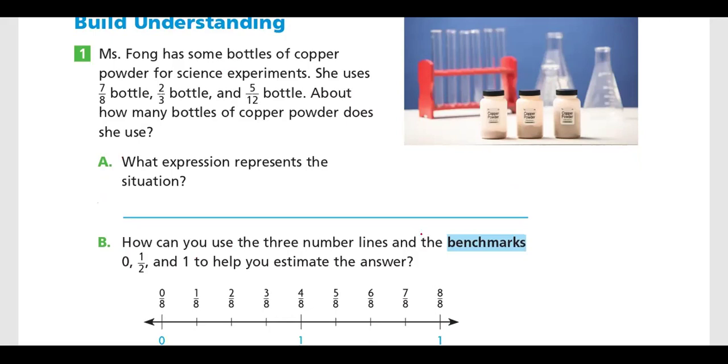So we have to add 7 over 8 plus 2 over 3 plus 5 over 12, because she used all.